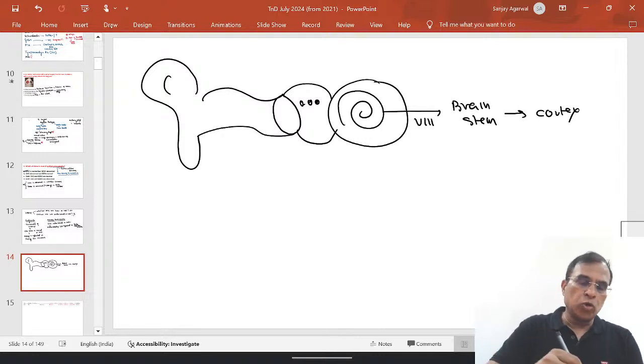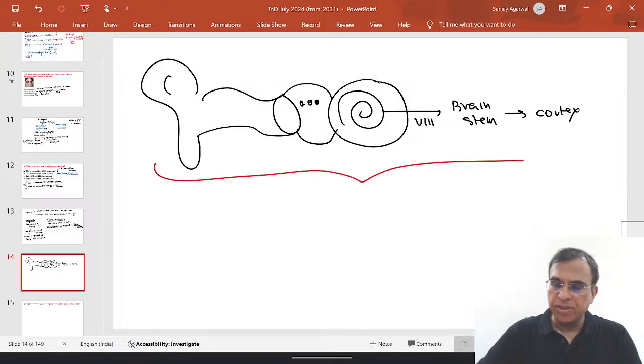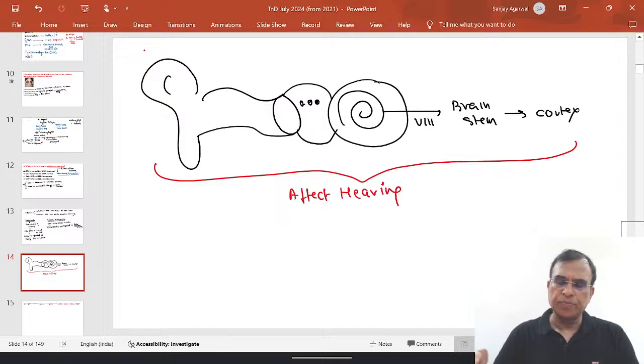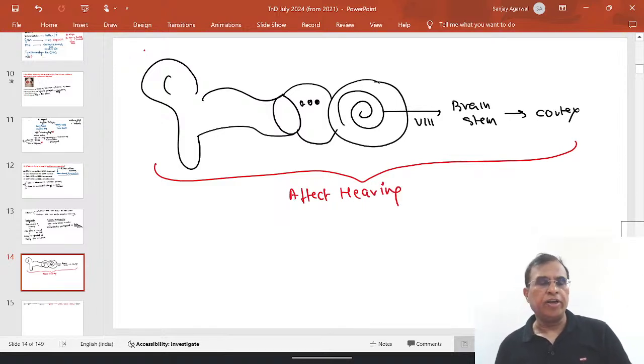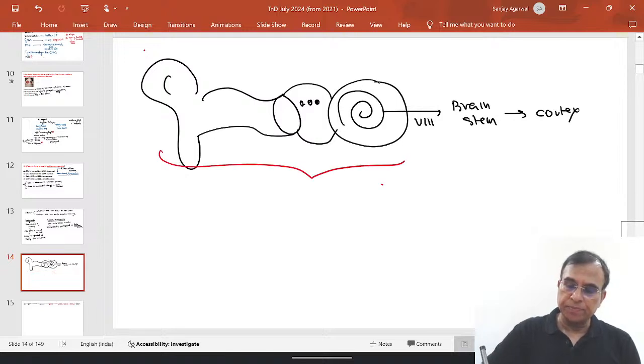Now, no matter where the disease is, it will affect hearing. The patient cannot hear a low intensity sound. There is a certain threshold, and if you speak loudly, the person will hear the sound. But disease of this part of the ear does not affect understanding of sound.